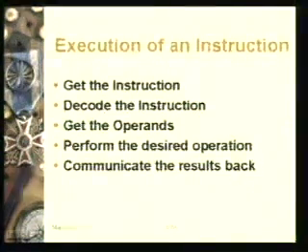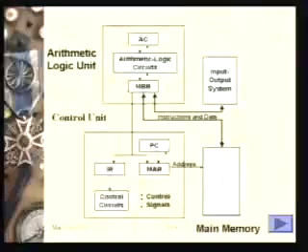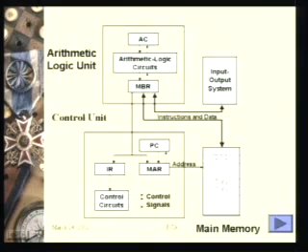If these are the operations, how are these operations performed? Obviously, we need a typical configuration of a computer system, and that configuration, which was first designed by von Neumann, is called a von Neumann machine. Let us look into some of the basic components of the von Neumann machine, and then we will go back to instruction execution.